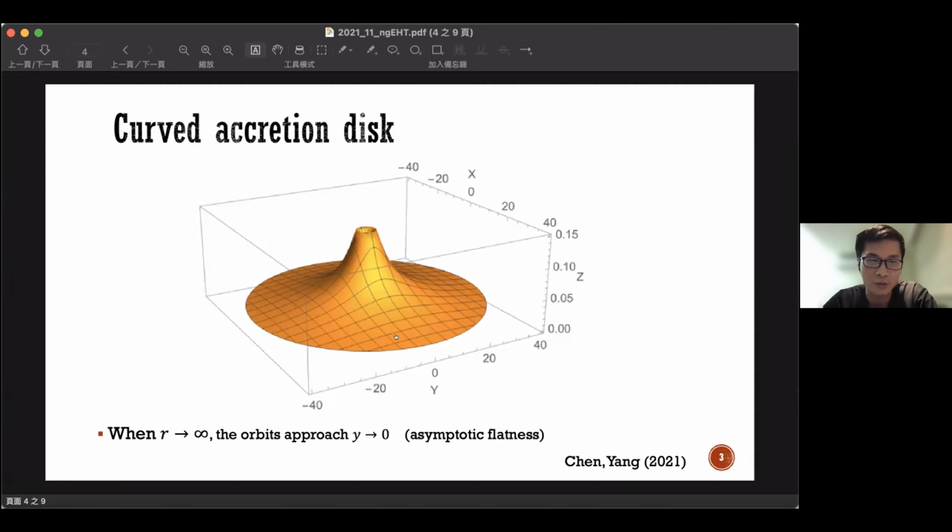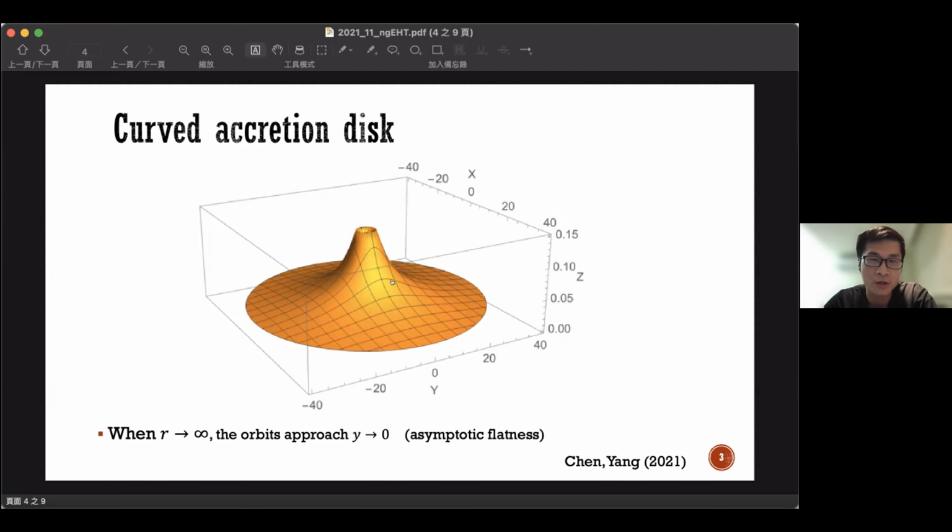If you consider the timelike circular orbits around the black hole, you will find that these orbits still exist in general, but they do not lie on the standard equatorial plane. Each orbit lies on a plane which is parallel to the standard equatorial plane, but different from it.